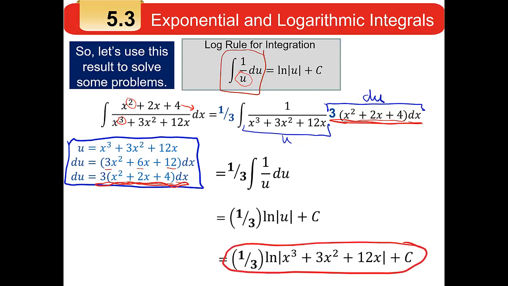So even though that problem looked a little nasty, once you see the pattern, the process becomes the same. You have to fit it into one of the formulas that you're working with. In this case, the one that generates the natural log of the absolute value of u as the answer.